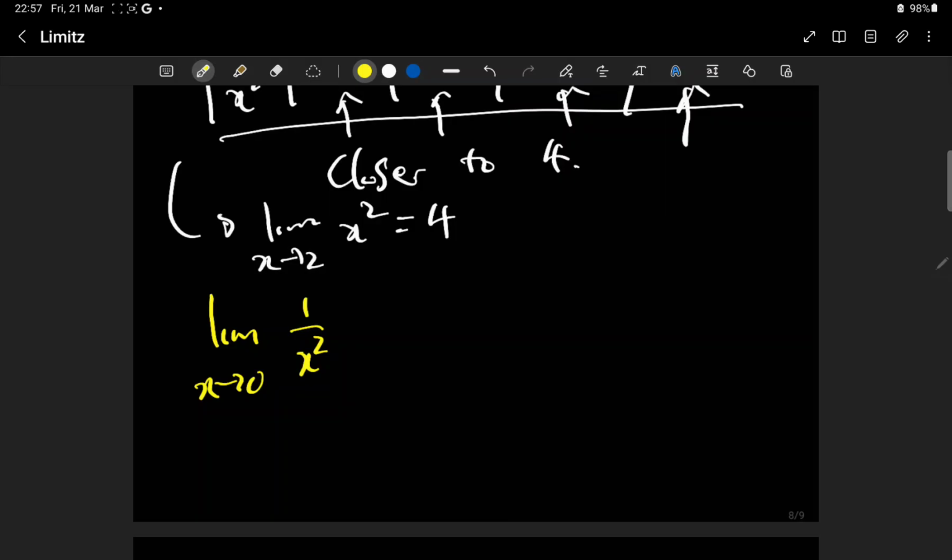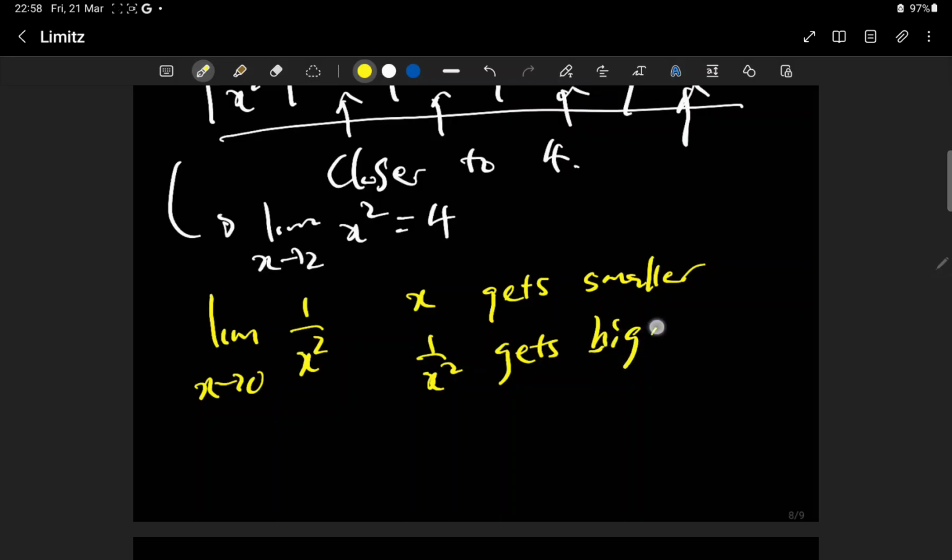We know in mathematics that if you divide by a smaller and smaller number, the fraction becomes bigger and bigger. So when x gets smaller, 1 over x squared gets bigger. Therefore, in this case, we say that the limit of 1 over x squared is infinity.